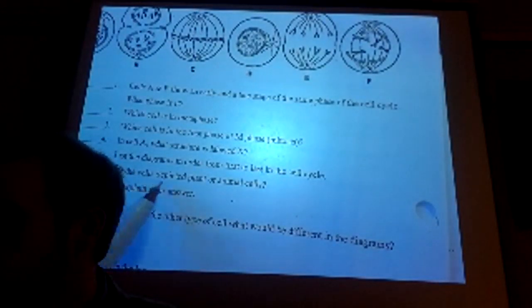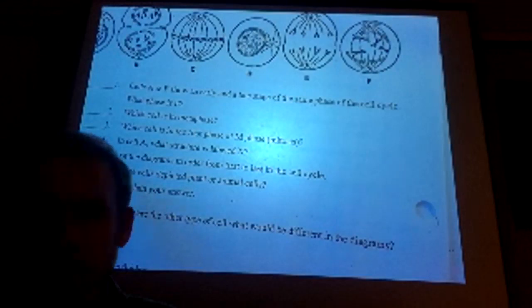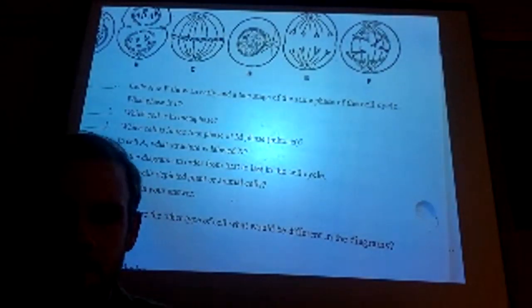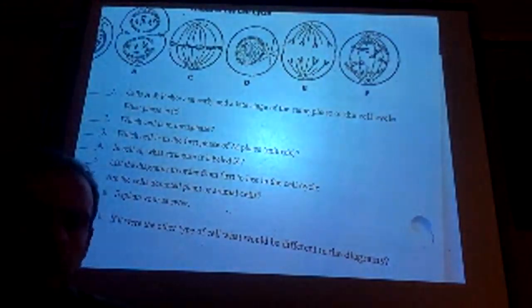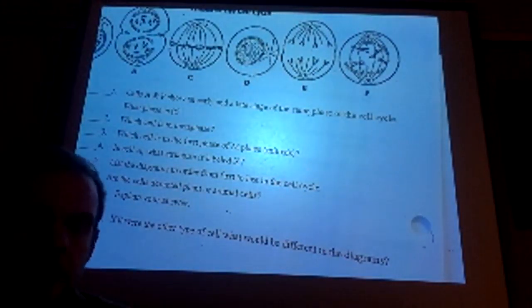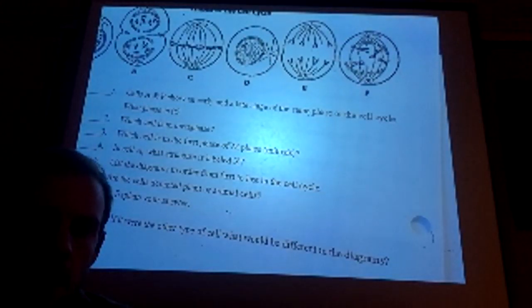Are the cells depicted here plant or animal cells? What do you guys think? Yeah, they are animal cells. And how do we know that these guys are animal cells and not plant cells? Is there a way to tell? Yeah, they're animal, and there is a way to tell. It is because of their shape. Animal cells are kind of squishy, circular in general, and plant cells we describe as being not so squishy, not so circular.